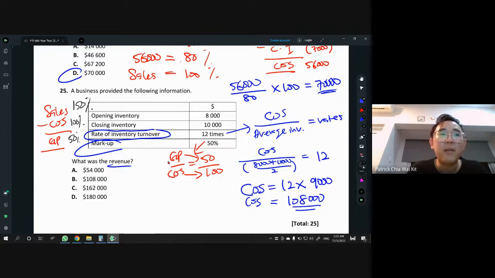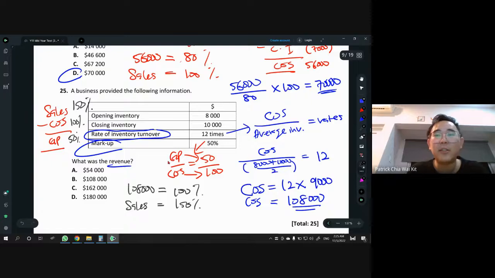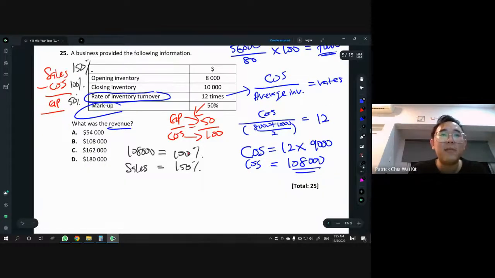So therefore, can you find revenue? Can, no problem. You have all the percentages ready. So use cost of sales 108,000. This is equivalent to 100%. Okay, and we are finding sales. So sales is 150%. So do your maths here. Right, find the 1% and then find your 150%.